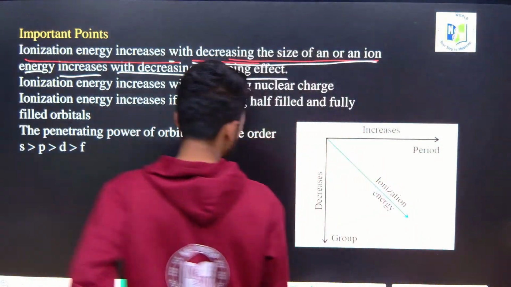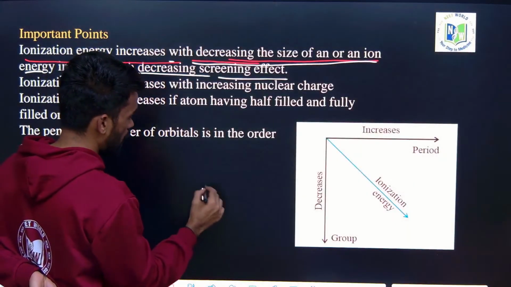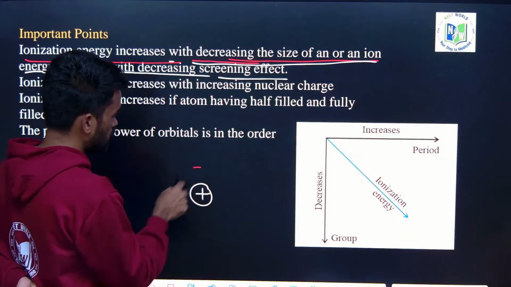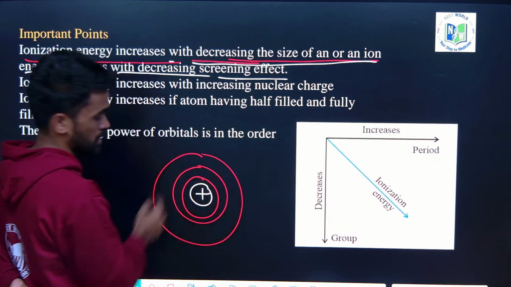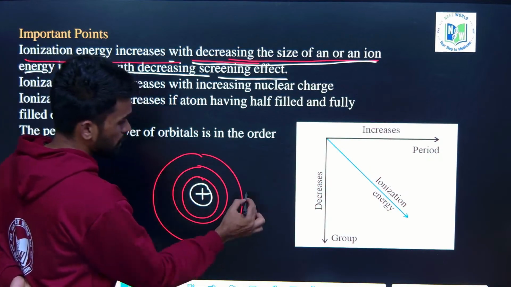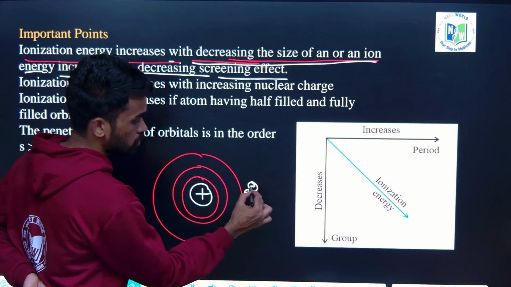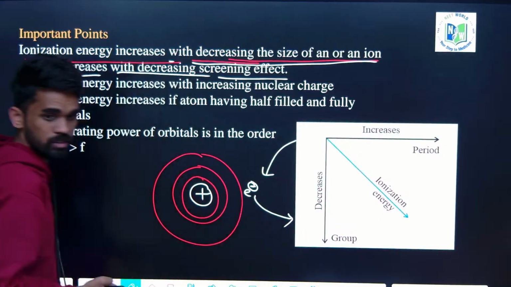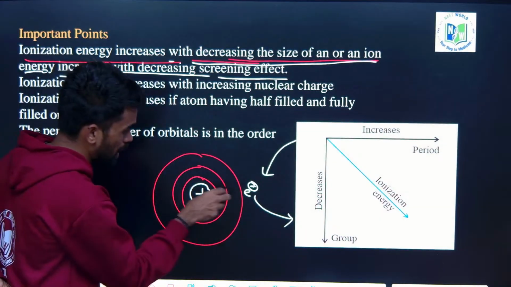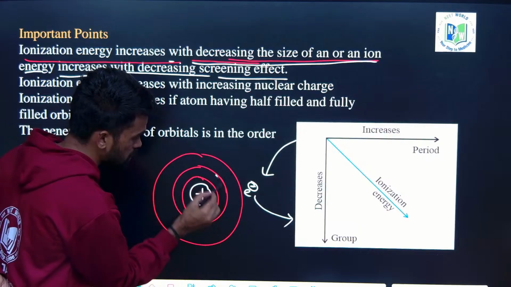Screening effect means, just now I told you, nucleus, these are the shells in which electrons are present. Here I have a valency electron. This is the electron that we need to remove, that is what ionization energy is. Now along with that, we have some electrons inside also.